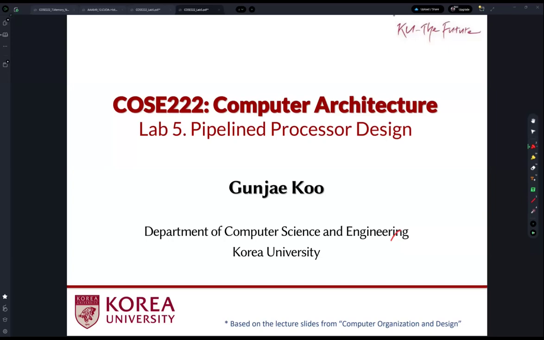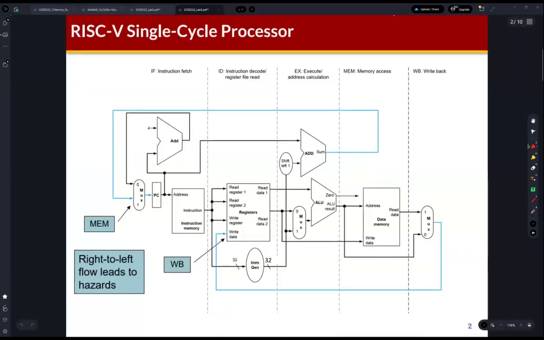Then I'll briefly explain the five-stage pipeline architecture design. This is the single cycle processor, and that's why I provide the golden design of the single cycle processor.